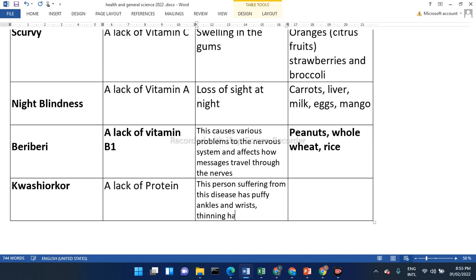All right. So a person suffering from this would have puffy ankles and wrists, thinning hair. They would also have a large stomach. Why would they have a large stomach?